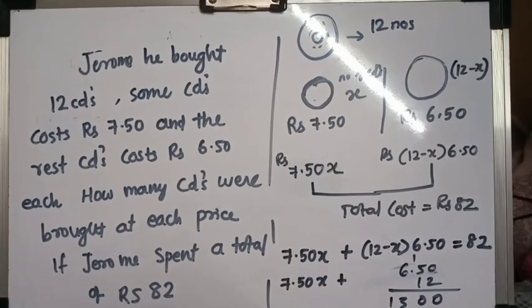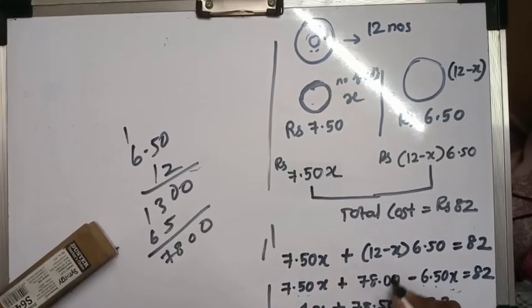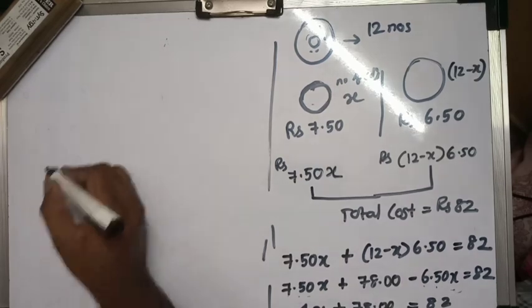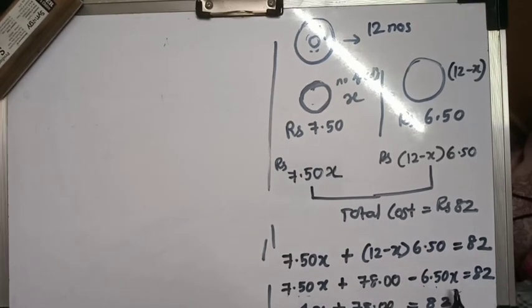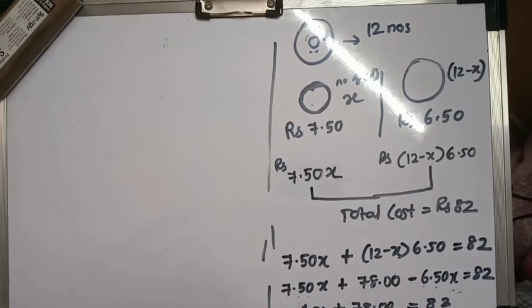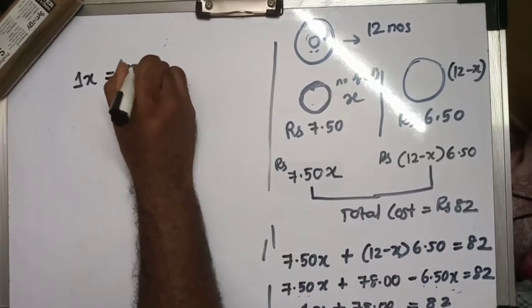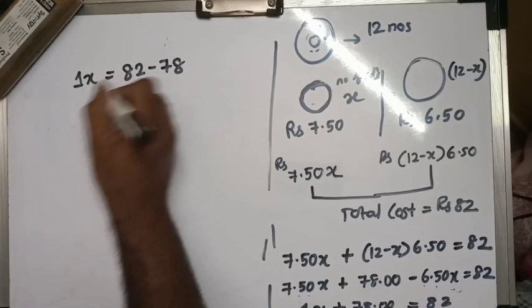It gives me 78. Now 7.50x minus 6.50x is 1x. Now 1x will be equal to 82 minus 78.